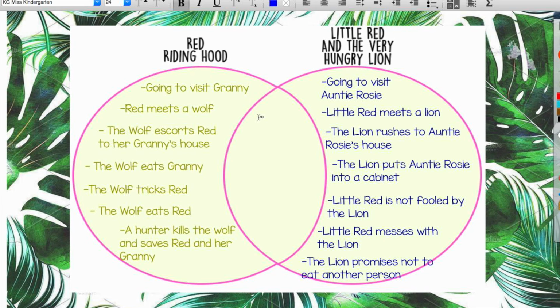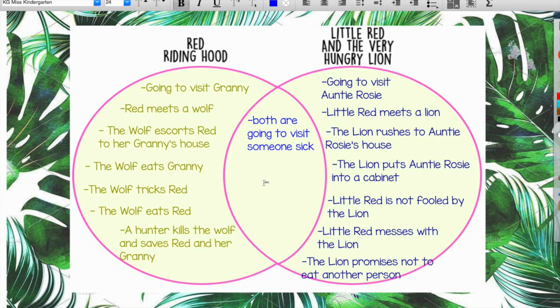In Red Riding Hood, her granny has the snuffs, and in Little Red and the Very Hungry Lion, her auntie is covered in spots. So we can say that they both are going to visit someone sick.